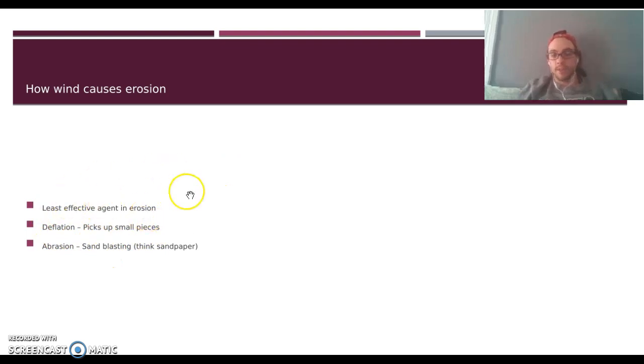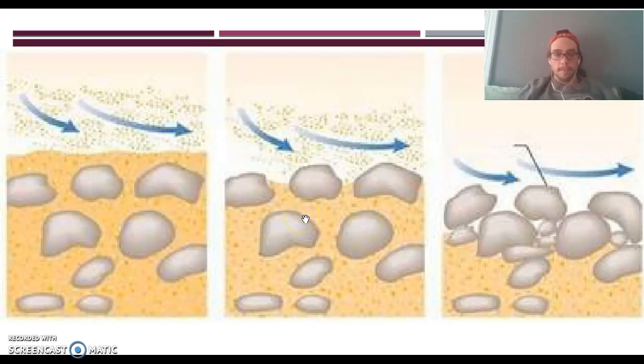Deflation is when the wind comes by, picks up small pieces, and takes away sediment from its source, and then as the wind gets stronger, it's going to keep those sediment pieces inside of it. It's going to hit some sort of hard surface, and it's going to abrade that surface.